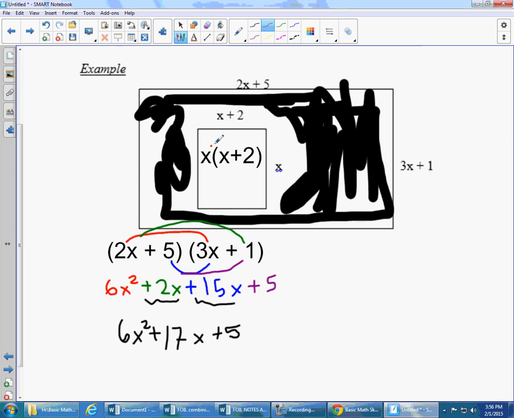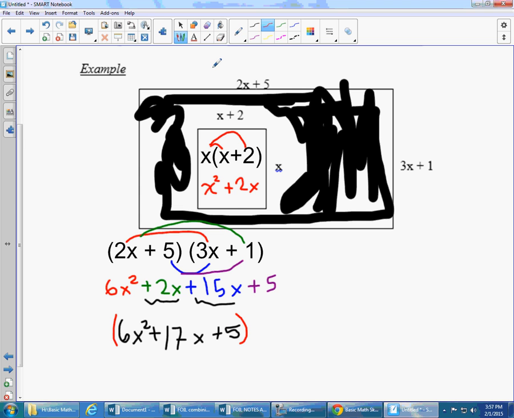Well, what's x times x, people? That's just x squared. What's x times 2? That's 2x. So here's what's going to happen. We're going to take the area of the first one and put parentheses around it.